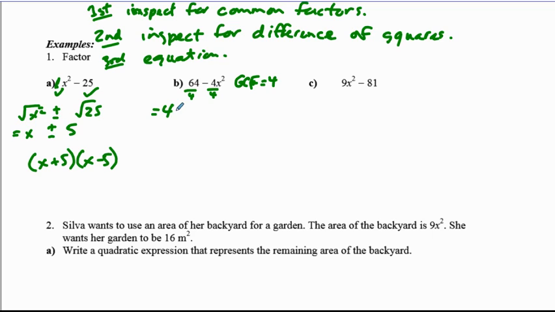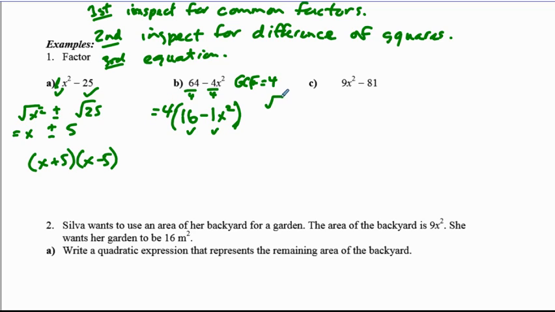So what is 64 divided by 4? It is 16. And then 4 divided by 4 is 1, x squared. Now ask yourself, do we have a difference of squares? Yes, 16 and 1. Okay, so don't forget this 4 out here.